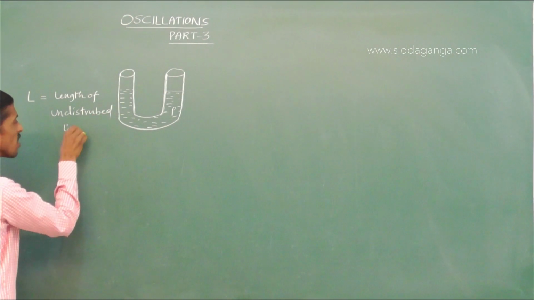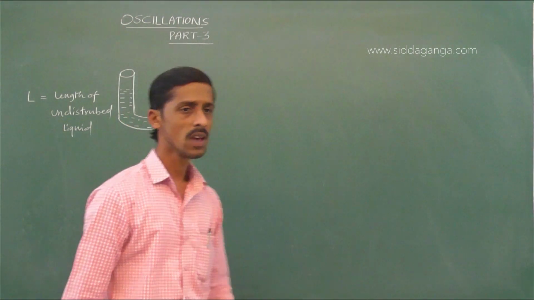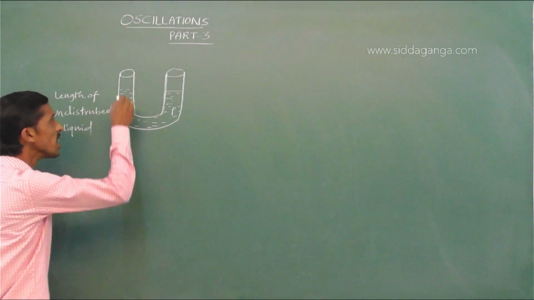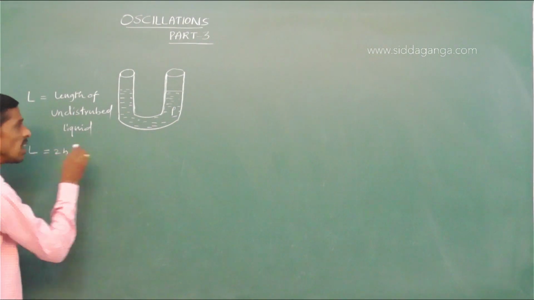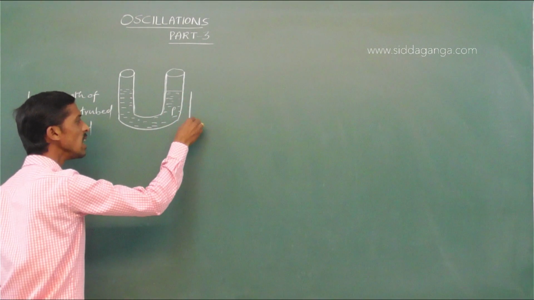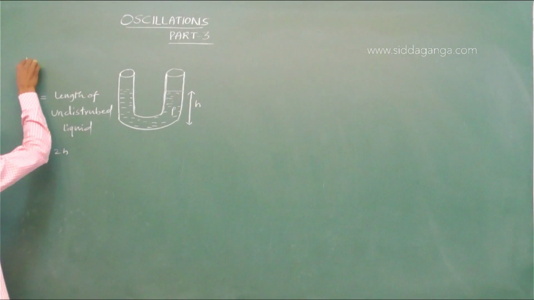When the liquid is at rest without any disturbance, the total length of the liquid is L, that is equal to 2H. Let us say H is the height of the liquid.